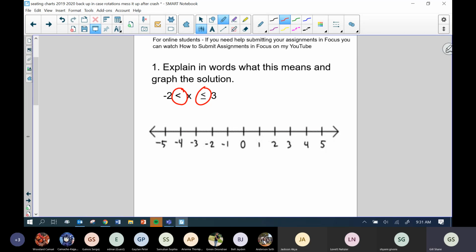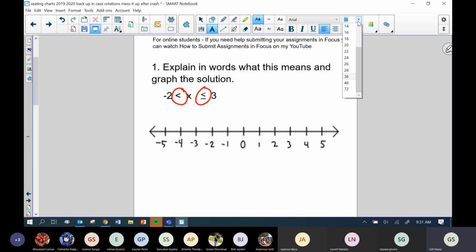So you need to write this down real quick. Actually, I'm going to type it in so that it's easy to read. So, if you have two inequality signs, then you have two inequalities.